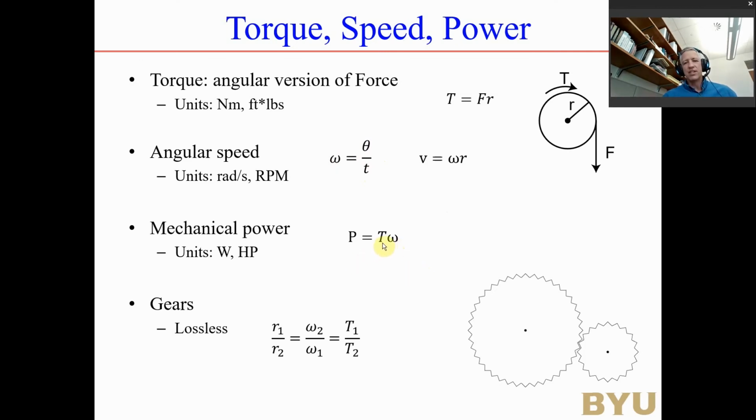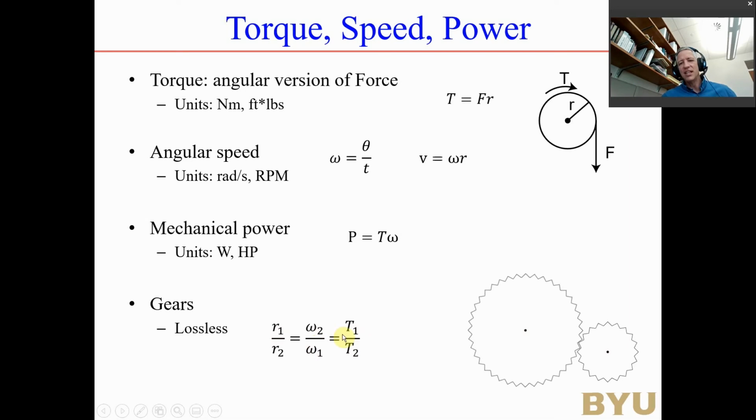Now, if we wanted a different torque and a different speed, we can use a gear system. A gear system can change the ratio of the radii, and change the ratio of the speeds and the torque. You can kind of see that this small one, if I'm looking at some point right on the outside, is going faster than this one.